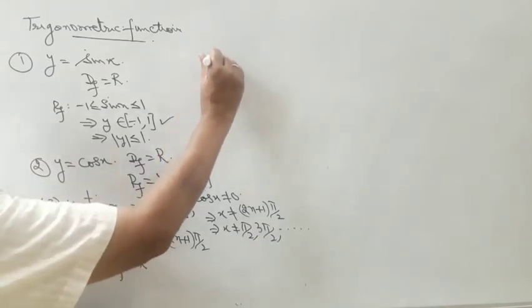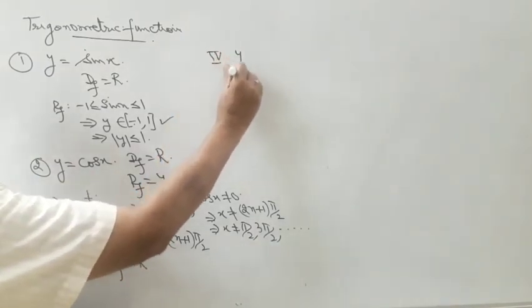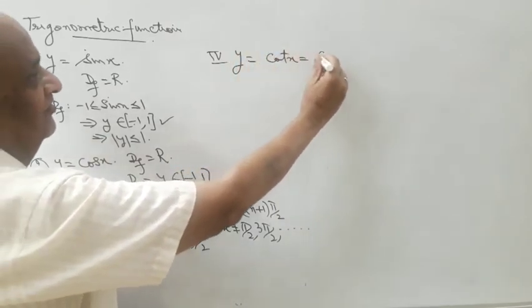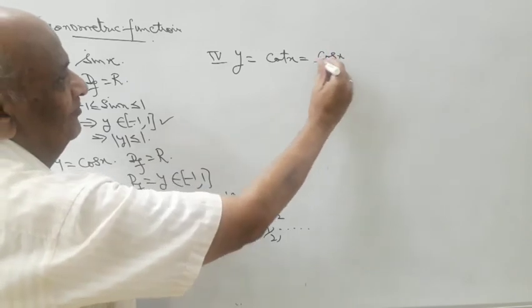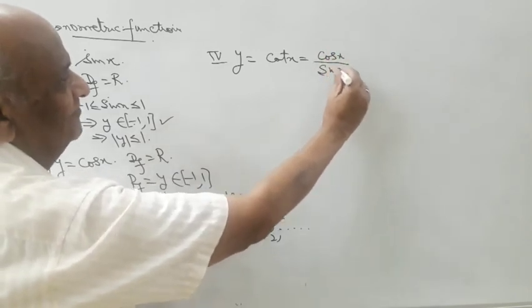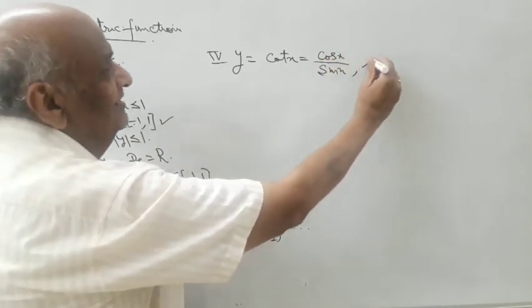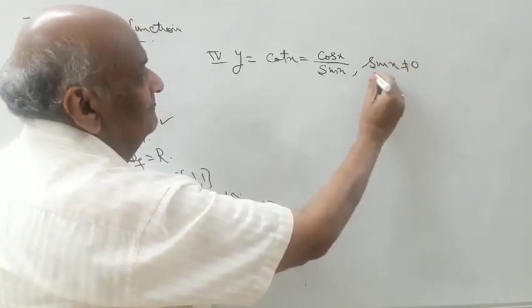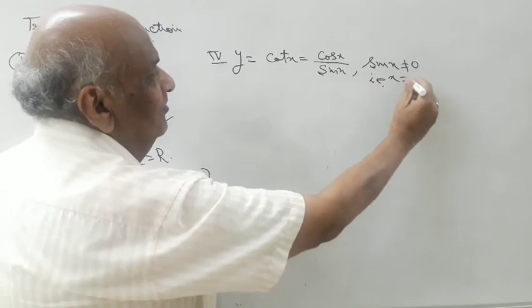Now number 4 is y is equal to cotangent x. This is cos x upon sin x. Sin x is not equal to 0. That is, x is not equal to n pi.